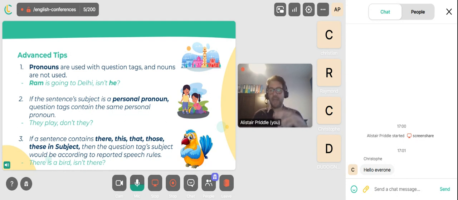Okay, there is a bird, isn't there? So for example, this and that would correspond to it. These and those would correspond to they. This and that singular. These and those plural.